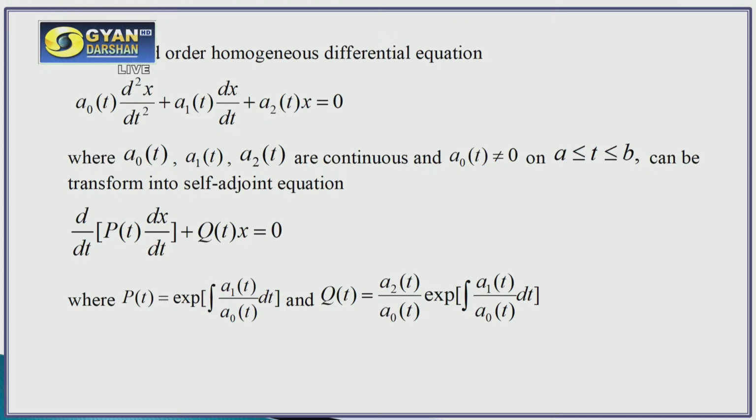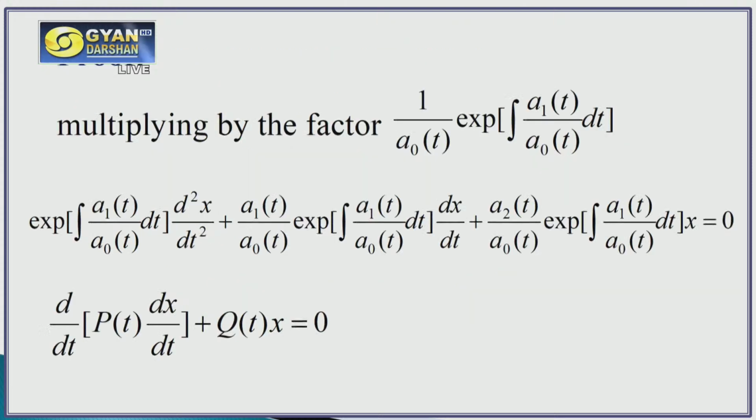If we multiply both sides by 1 by a0 times the exponential of the integral of a1 by a0 dt, we can transform the original equation into the form of a self-adjoint equation. Let's see the proof in the next slide.